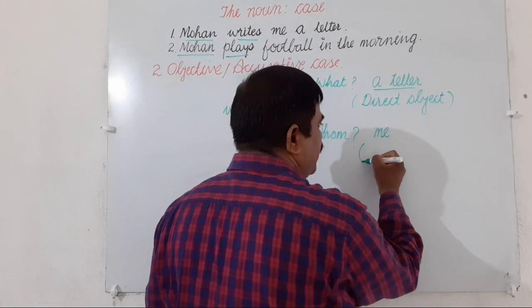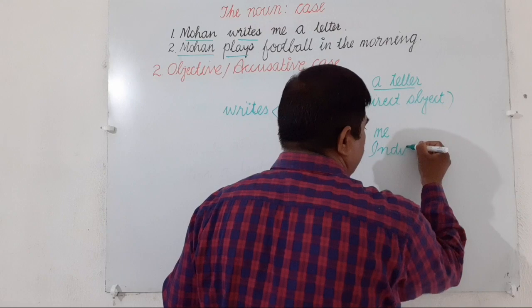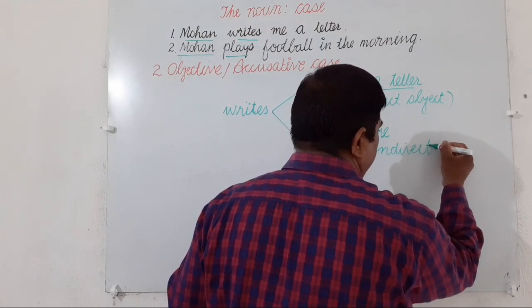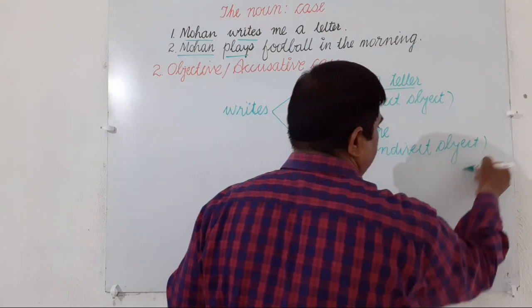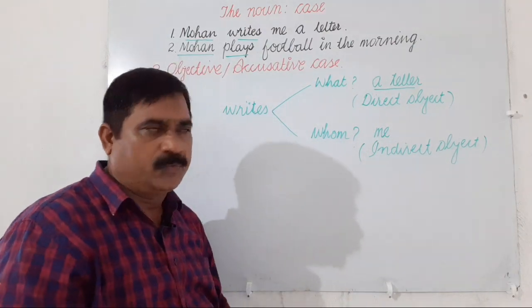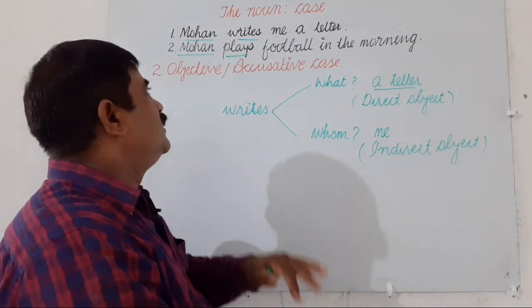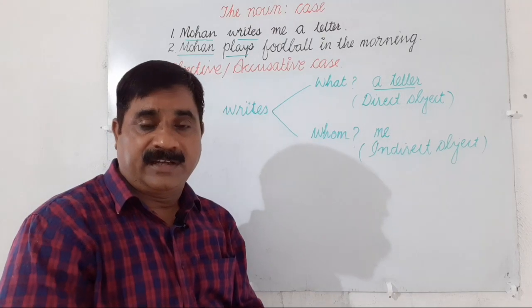Hence, me is called indirect object. Okay, so there are two objects used in the sentence number 1, direct and indirect.